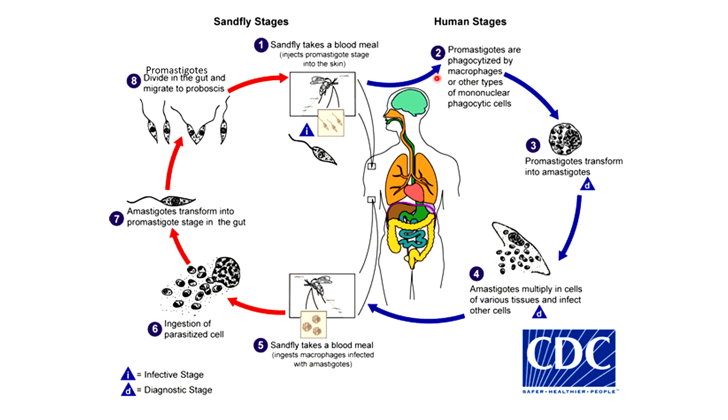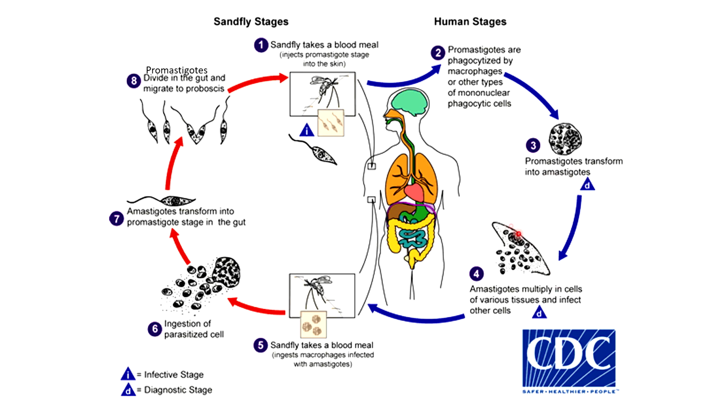The way they defend the body is they phagocytize, or eat, foreign objects, so these macrophages will phagocytize the promastigotes. But the promastigotes actually use this to their advantage, because once they're inside the macrophage, instead of being destroyed, they're able to transform into amastigotes.